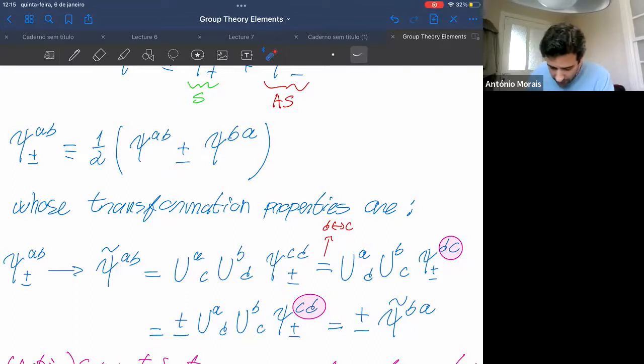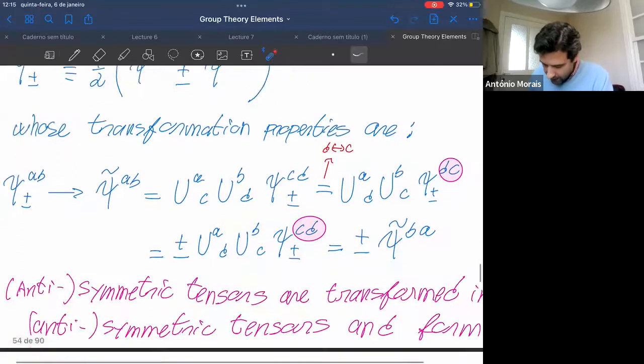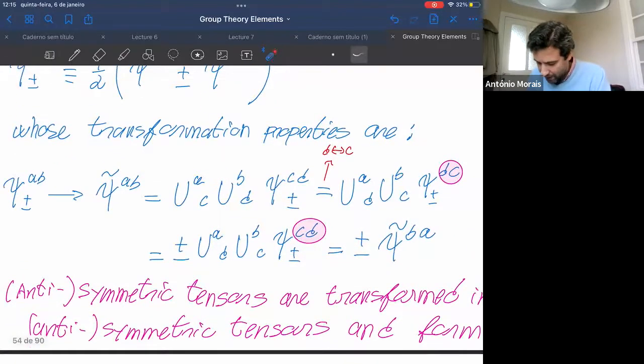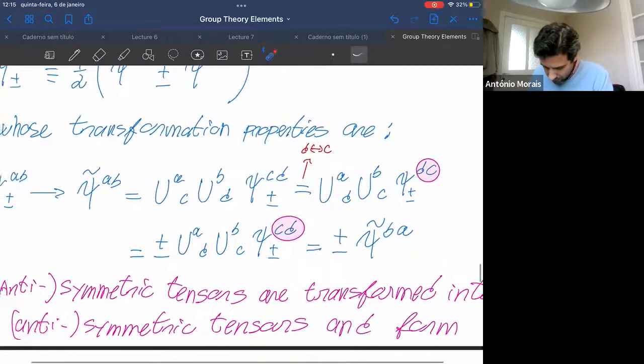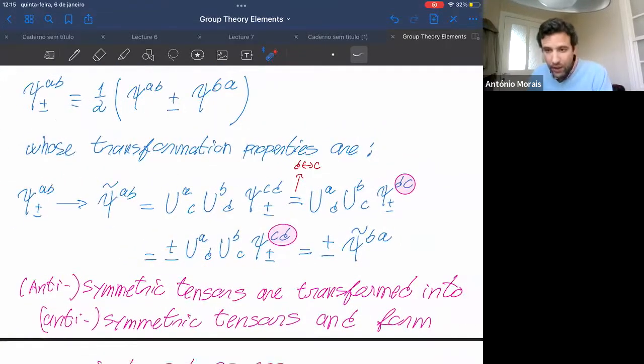So the thing is that a psi AB will transform either as a symmetric or antisymmetric tensor. An antisymmetric tensor transforms into an antisymmetric tensor, and a symmetric tensor transforms into a symmetric tensor.